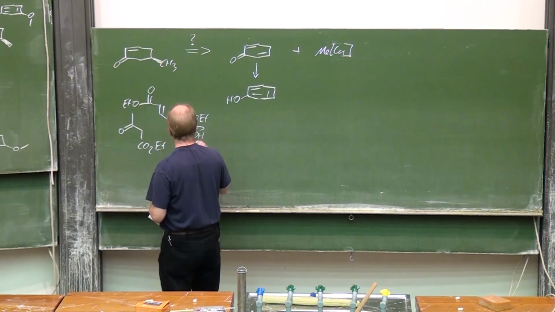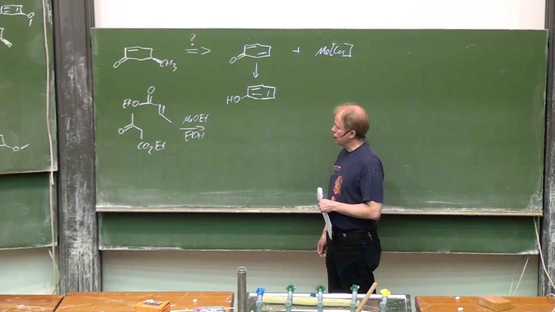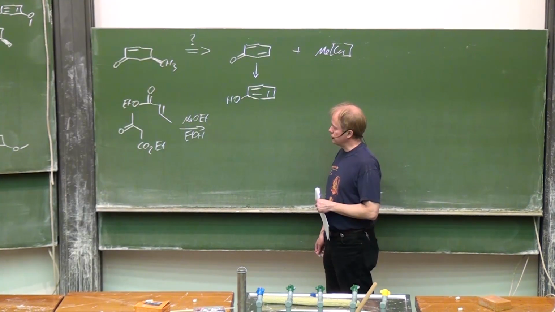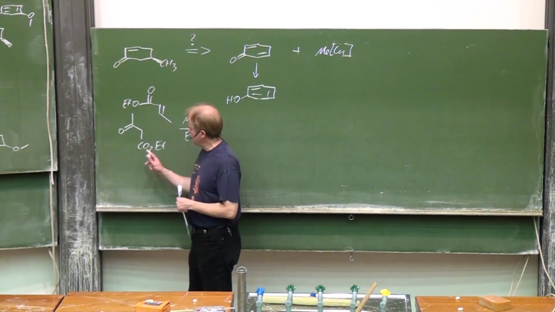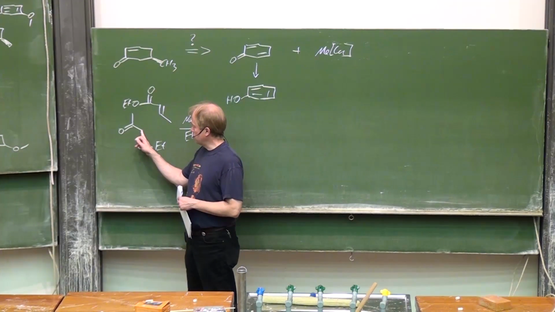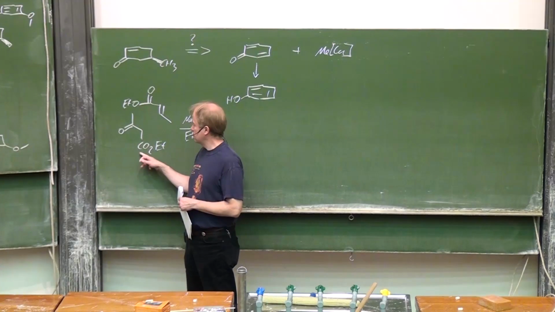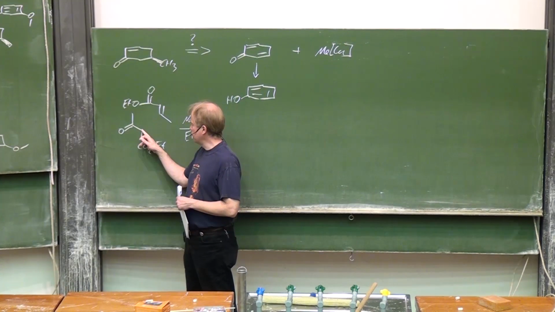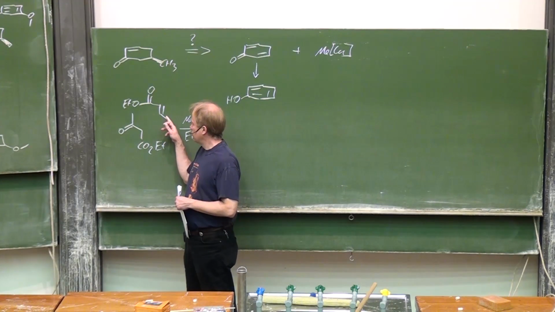This is classical carbonyl chemistry. So under the basic reaction conditions with sodium ethanolate in ethanol. Well, what would happen? This is, of course, the most acidic position, double activated by carbonyl groups. Here you have the nucleophile, and in a Michael addition reaction you get that conjugate addition product.